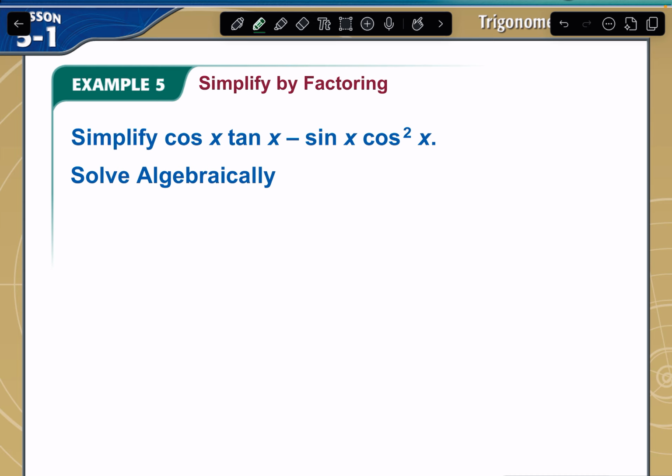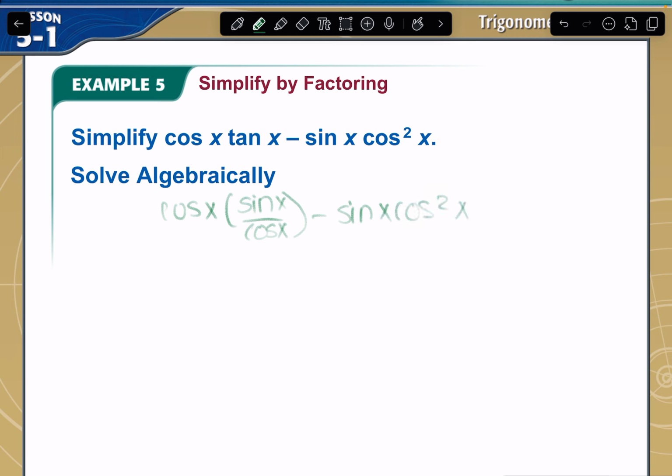So I have: simplify cosine x times tangent x minus sine x times cosine squared x. The first thing that I notice and am going to change is my tangent value. I'm going to change it using my quotient identities. The quotient identity says tangent is equal to sine over cosine. So that's going to be my starting point. I'm going to rewrite this with that identity plugged in.